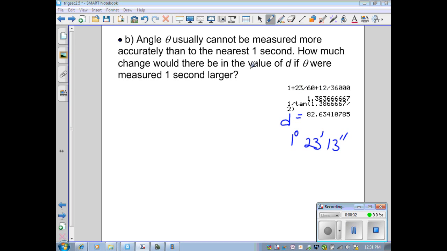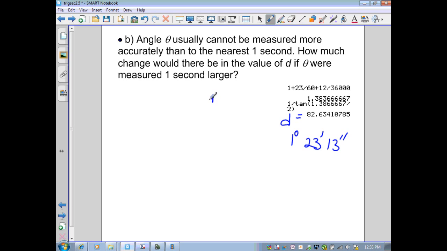And they want us to make this 1 second larger, so my new angle would be 1 degree, 23 minutes, and 13 seconds. They want to know how much D would change. This is our previous one. All we need to do is a similar calculation and find the difference between my values of D. Again, to calculate D, I'm going to use the formula D equals B over 2 cotangent of theta over 2.